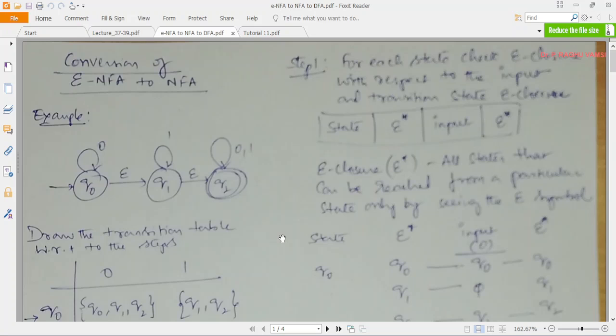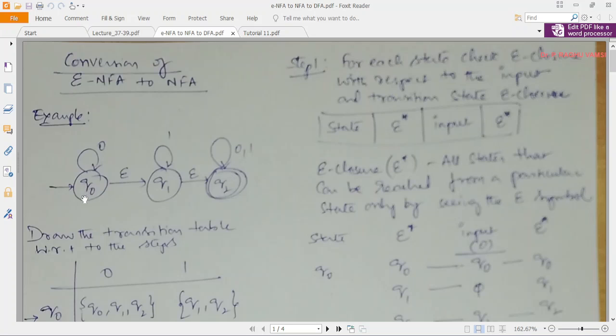If I ask you what is the epsilon closure of Q0, it is the same state, that is Q0, and upon epsilon, which states can we visit. Looking at the epsilon from Q0, it is going to the Q1 state, and from Q1 upon epsilon it is going to the Q2 state.